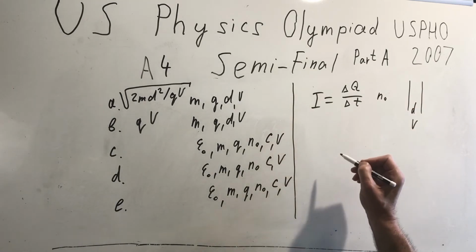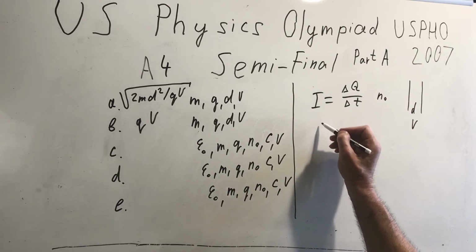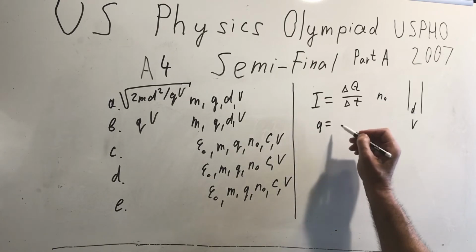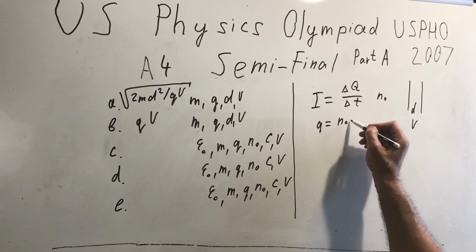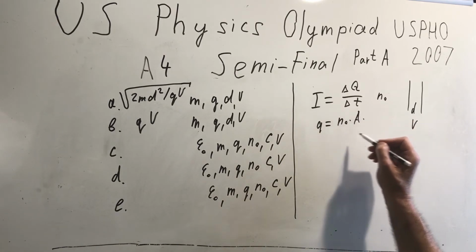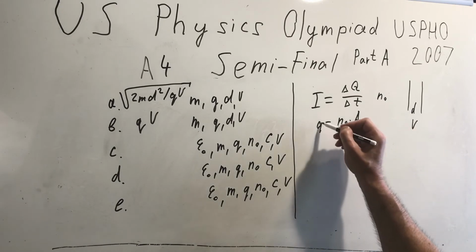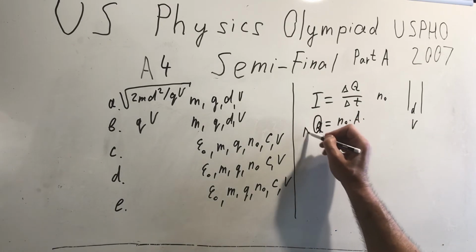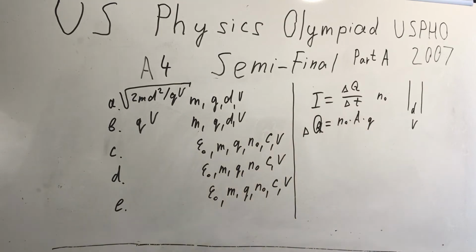So the total charge will be n0 multiplied by area multiplied by q.